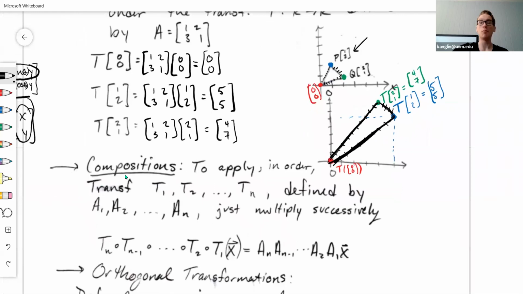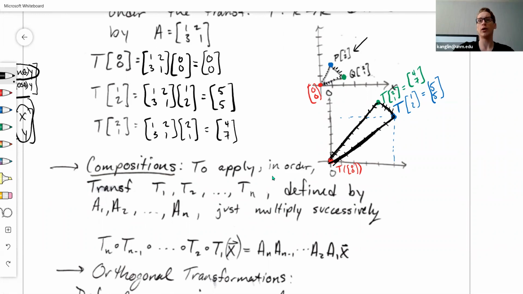Let's go a little bit further. Compositions: we can certainly apply more than one of these transformations to a given output, right? We could contract or dilate, then rotate, then maybe reflect. We can do a lot of these transformations all in sequence.